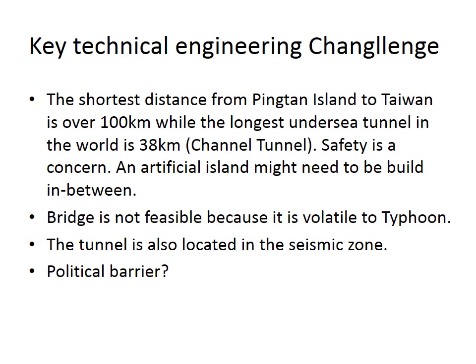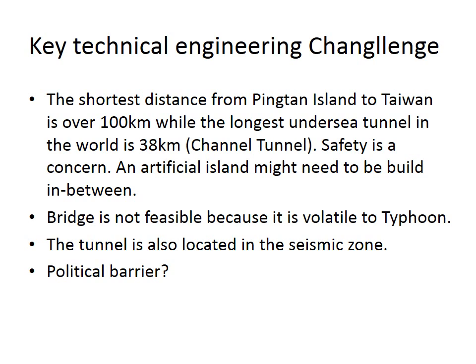And secondly is that if we build a bridge from the Pingtan Island to Taiwan, it is not feasible because the sea area between Pingtan Island and Taiwan is heavily influenced by the typhoon.